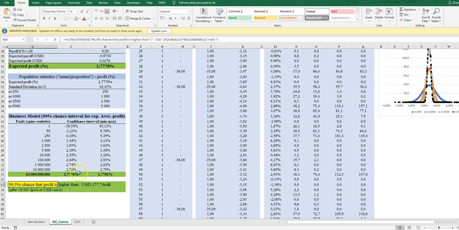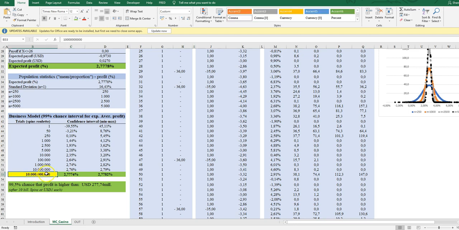Higher than this number times number of spins times the investment per spin, $1. So 277 million US dollars can be expected with a 99.5% chance. Again, after 10 million spins.